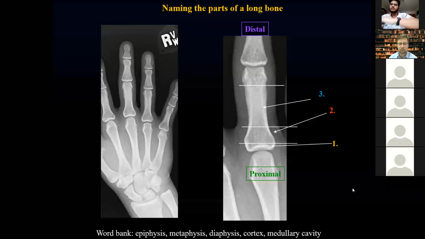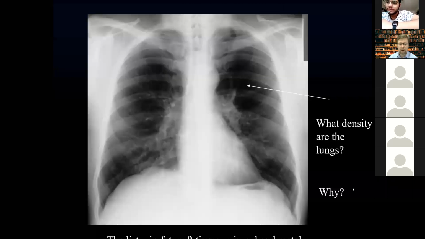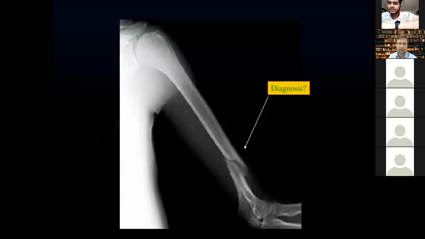It's very important to mention. As we already discussed on the previous images, this is a chest X-ray. We know that the density of the lungs is air density. We will not discuss why, because you already know it very well. Again, a very great example of a fracture, very well seen.